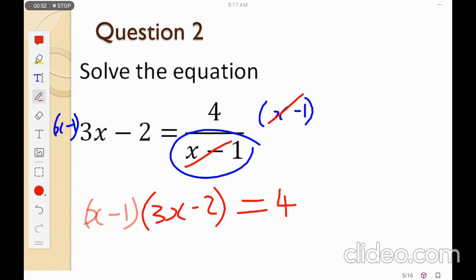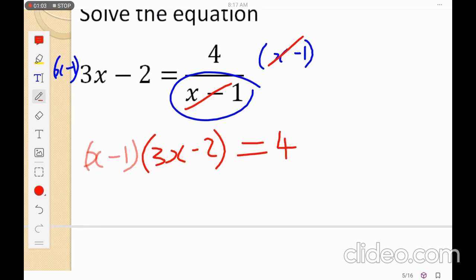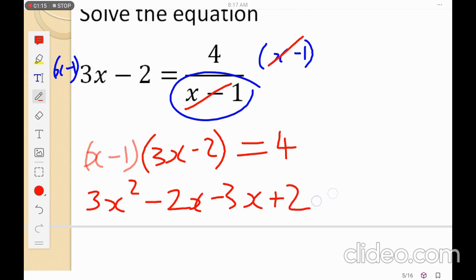When we have it like that, we now remove the brackets. If we remove the brackets, I'll have 3x squared minus 2x minus 3x plus 2 is equal to 4, sorry, is equal to 4.